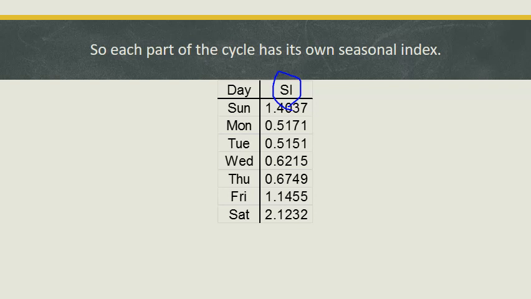For example, when we look at the seasonal index for Sunday, we see a value of 1.4037, which is around 40.4% above y hat, or the expected value of the long-term trend. So Sundays have pizza sales that are on average about 40% higher than what the long-term trend suggests.